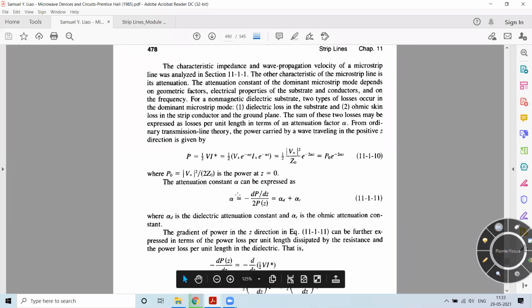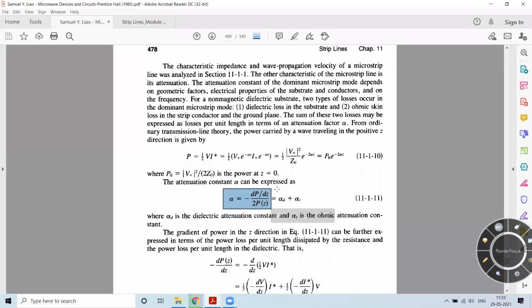Here this attenuation constant will include two parameters. One is the attenuation due to the dielectric, and the other is the attenuation due to the conducting element, which we term the ohmic losses, which are due to the skin effect. So that is what we will be observing. Alpha is given in this equation.